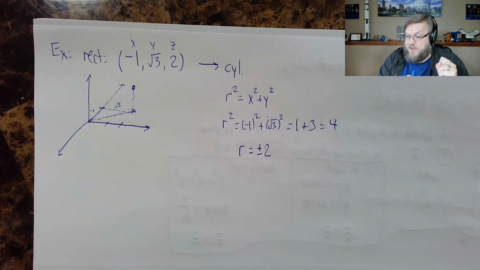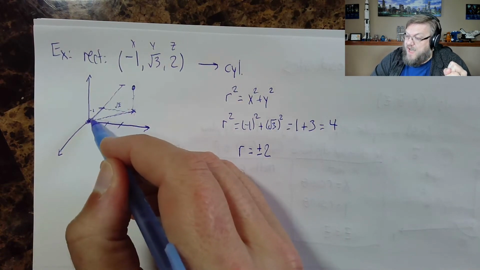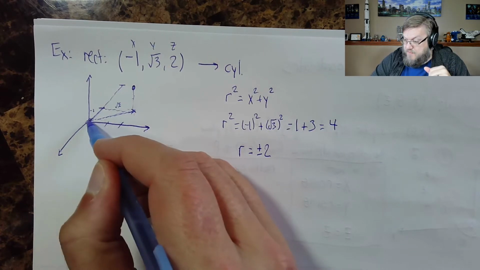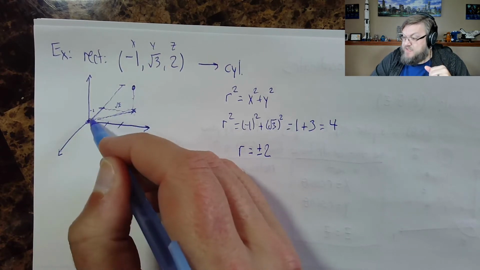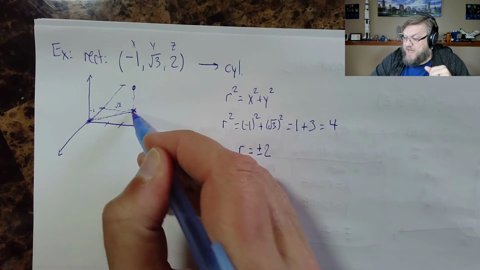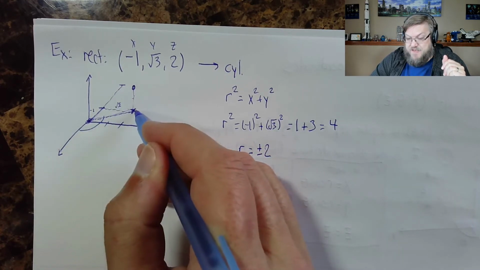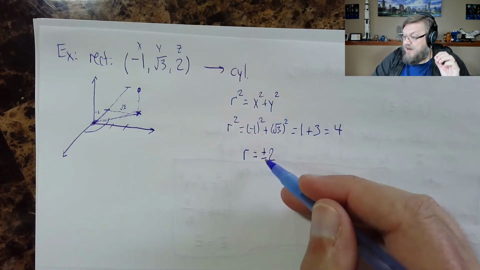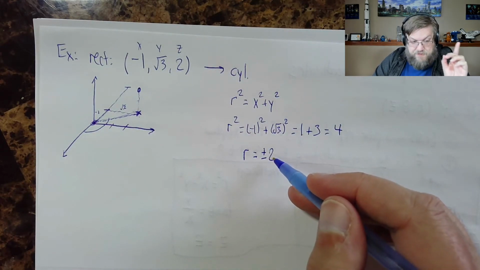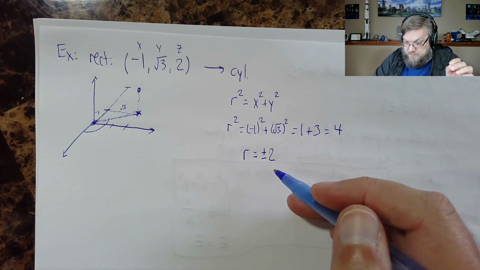If I choose r to be positive 2, then that means I want to walk forward from the origin. If I have to hit this projection spot right there, I better be aimed at this theta. So if I pick r to be positive 2, theta better live in the second quadrant.